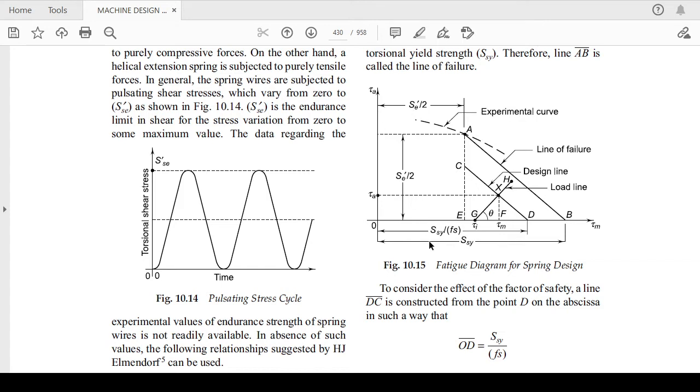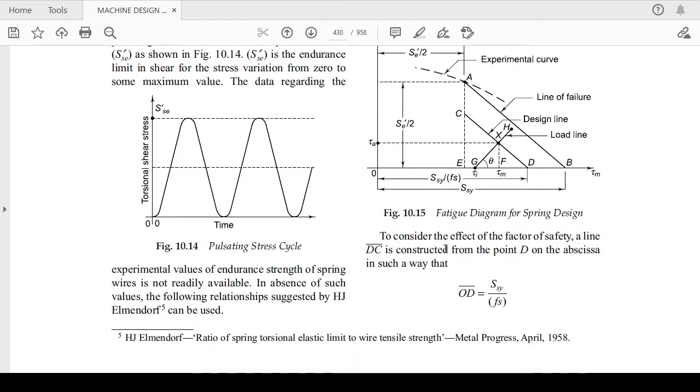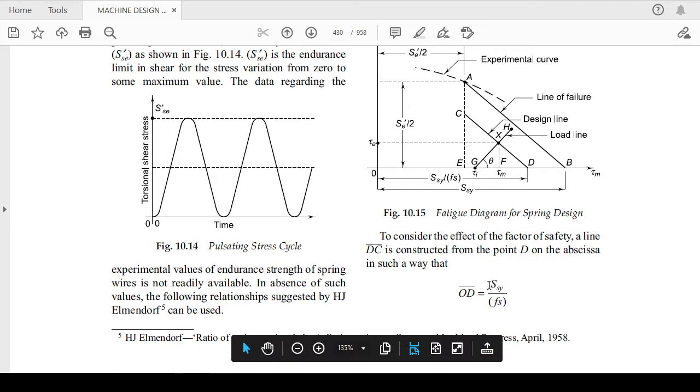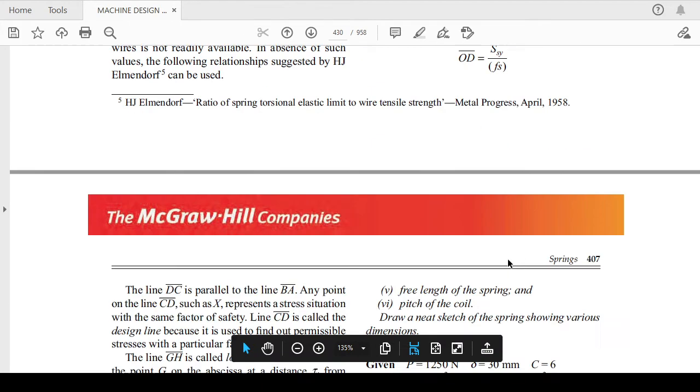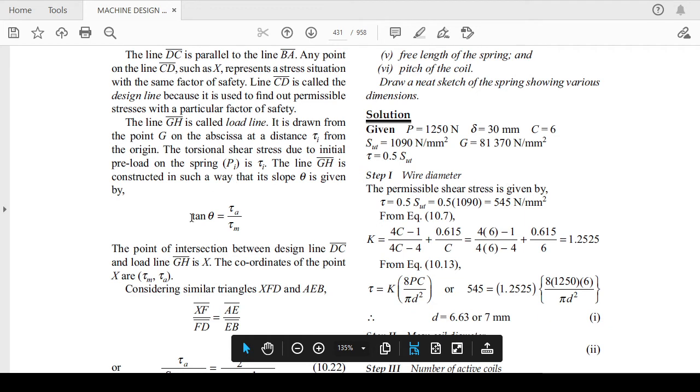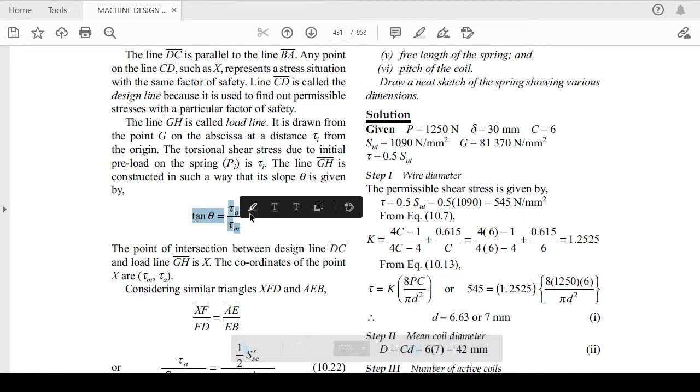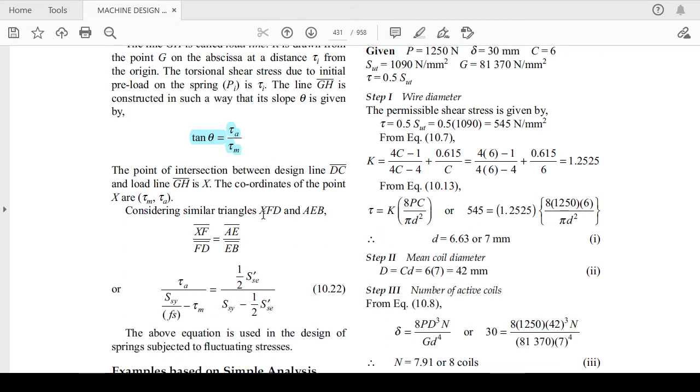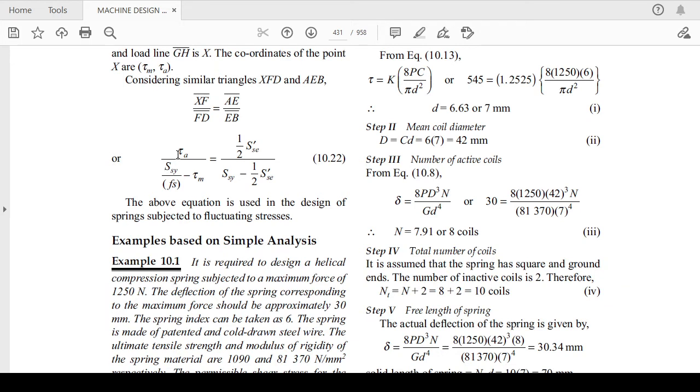If you have already drawn it, then to consider the effect of the factor of safety, you can construct the point D at the abscissa SSY divided by the factor of safety. After that you can calculate the slope by dividing tau a by tau m, which gives this theta. After that you can apply the similar triangle principle to calculate the remaining parameters.